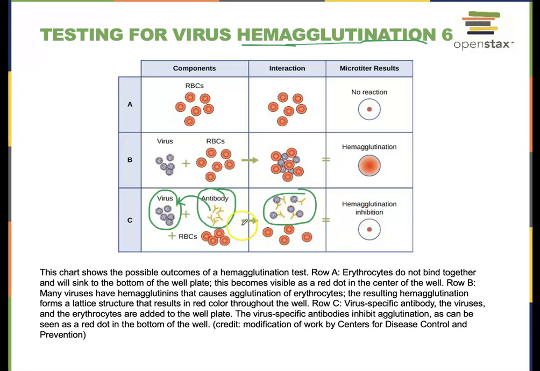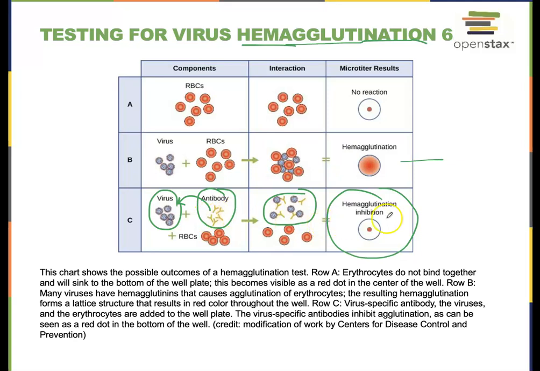So when you put these together in a little test, we do not have hemagglutination. So when you have hemagglutination, this means that you have the virus in your body, and it's probably the first time you've been exposed to that because you don't have antibodies yet.